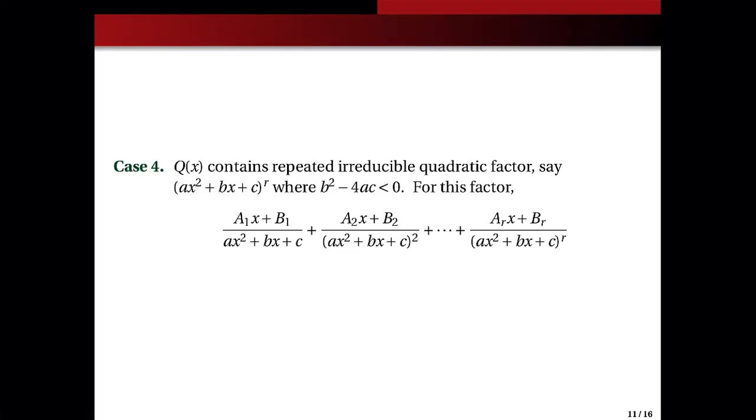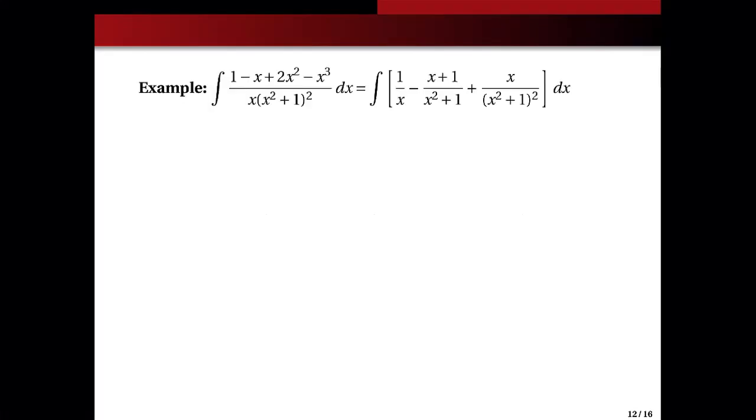So let's do this example here. You have the integral of 1 minus x plus 2x squared minus x cubed over x times x squared plus 1 squared. So this expression here can be decomposed into this guy.